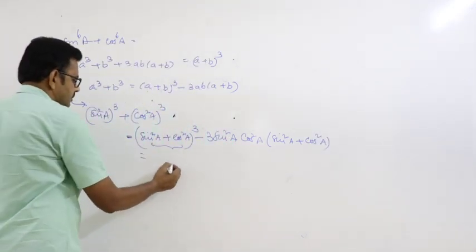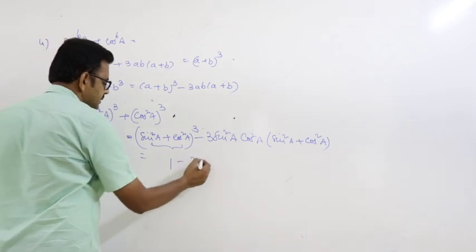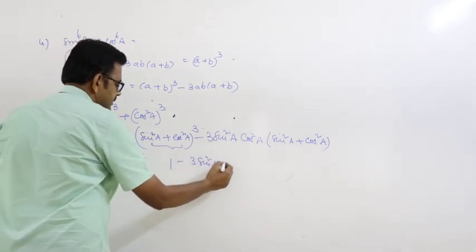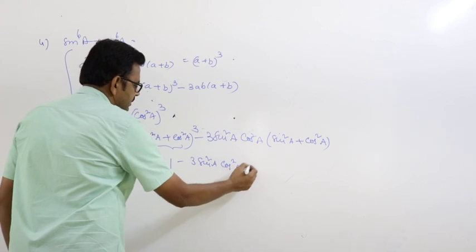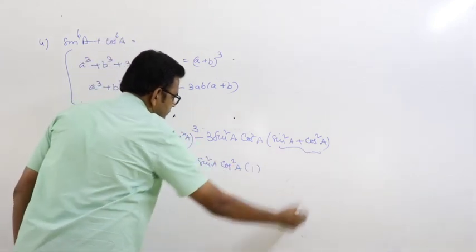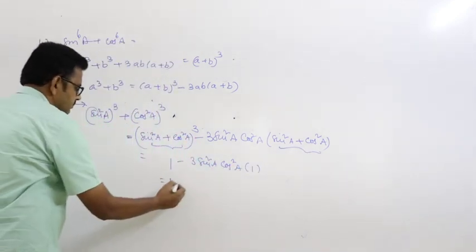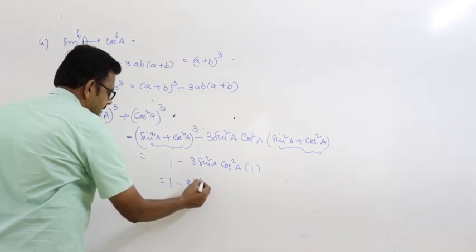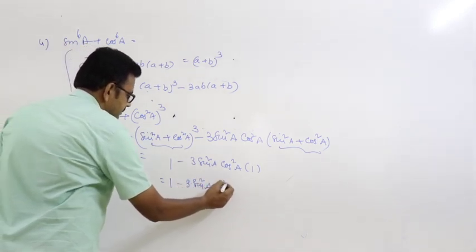So this value is 1, 1 cube is 1, minus 3 sin square a into cos square a into again this is 1. So which is 1 minus 3 sin square a cos square a.